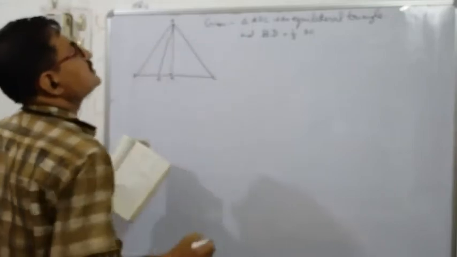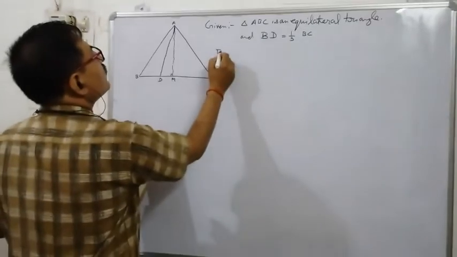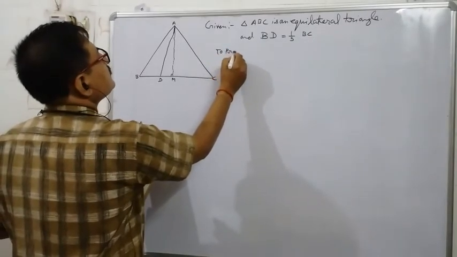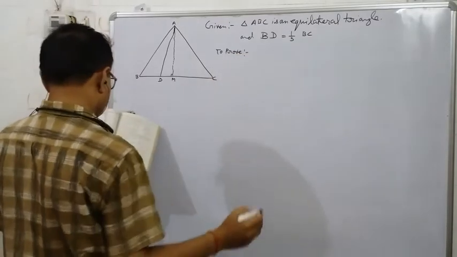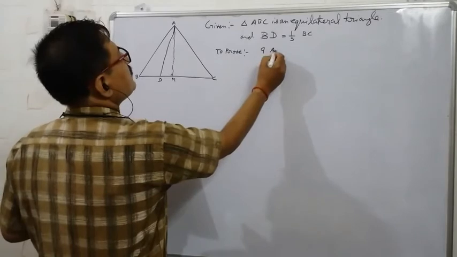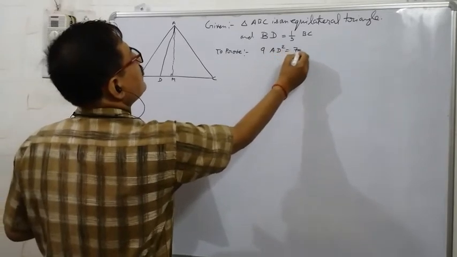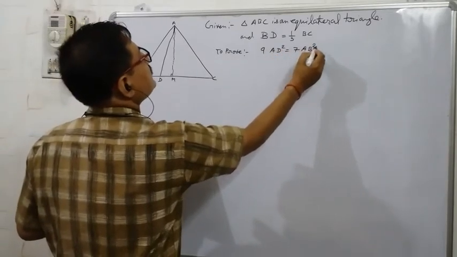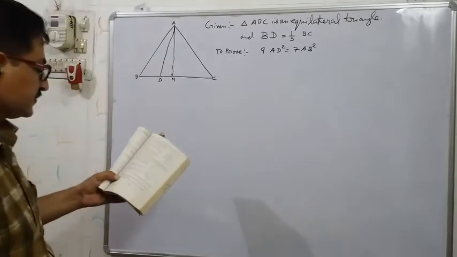Now students, you'll see what you have to write to prove. To prove: 9AD square equals 7AB square. Okay.